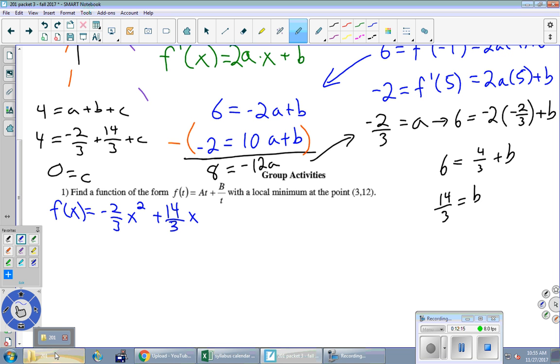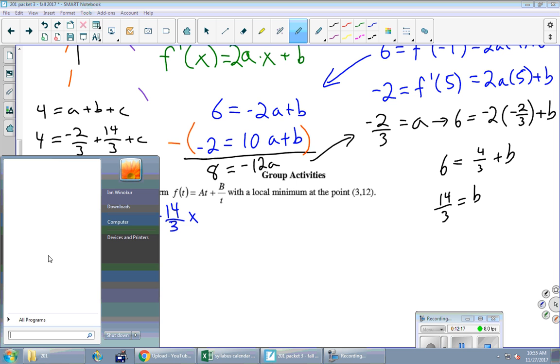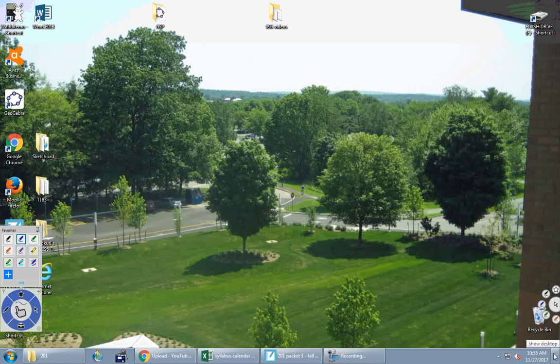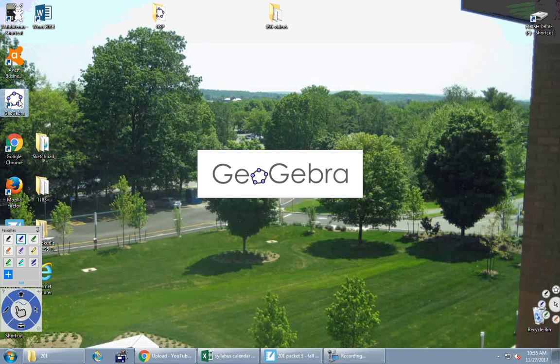Okay, so that's it. And what I want to do is, let's see if we can do this in less than 60 seconds. We'll give it a shot. I'd really like to see what GeoGebra has to say about that particular parabola and check and make sure that the 3 conditions hold.